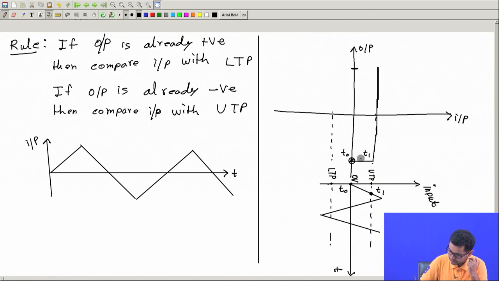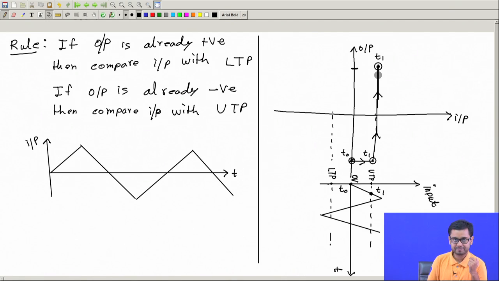So the output becomes immediately positive, and then the input increases further. This moment is again t1. This is an instantaneous jump. To go from here to here takes no time. That's why I'm writing t1 here as well as here.